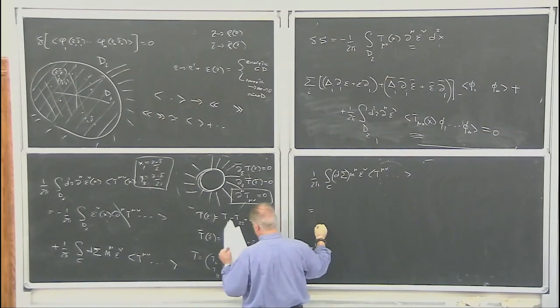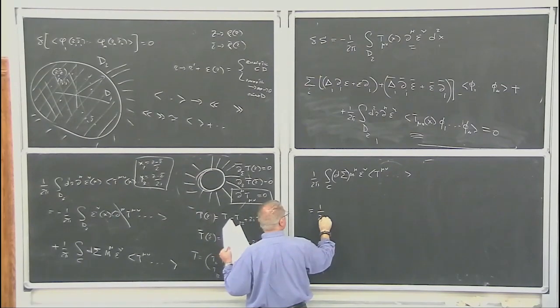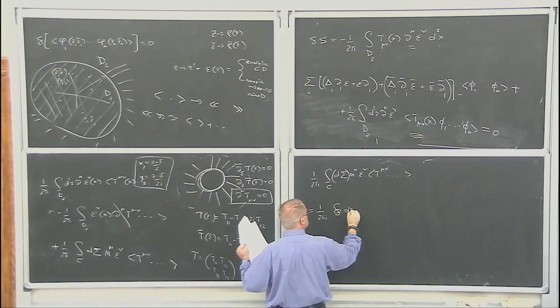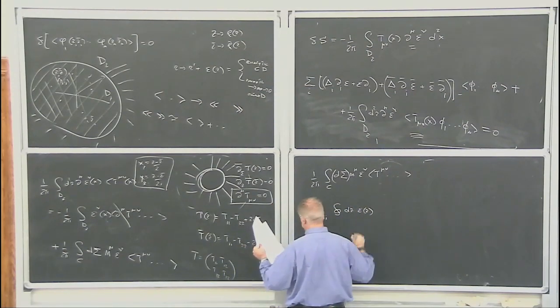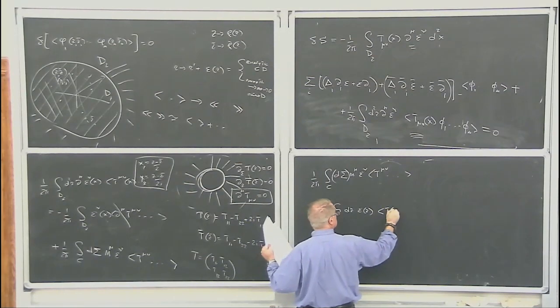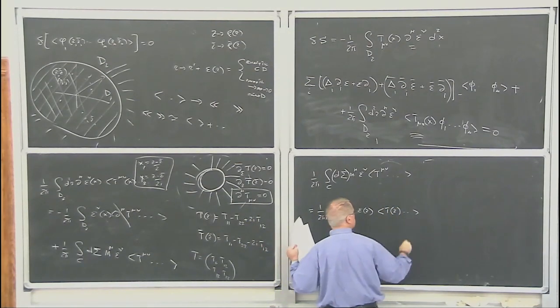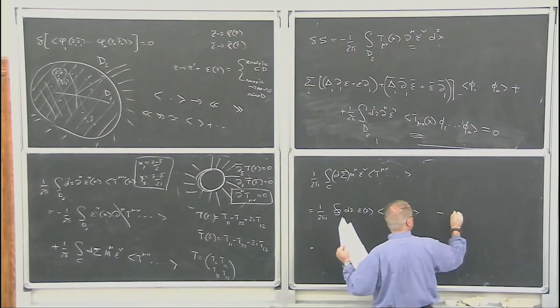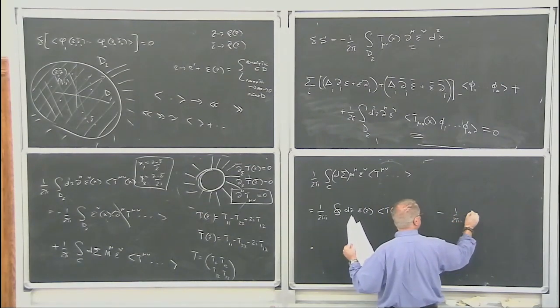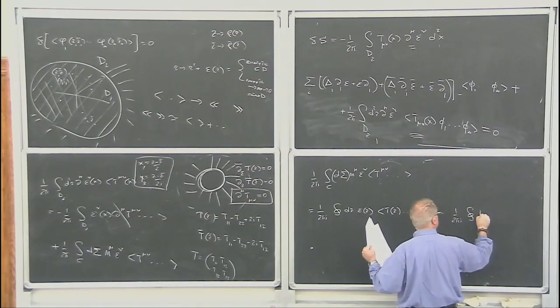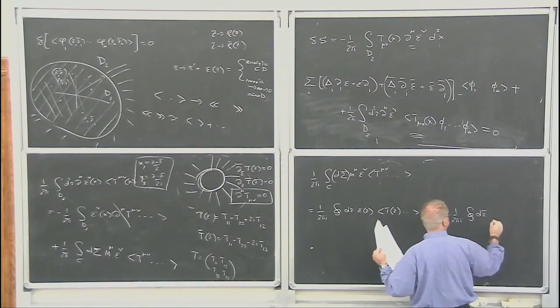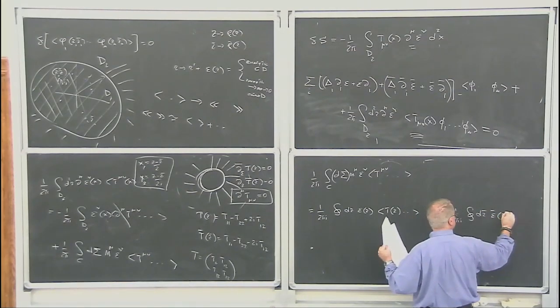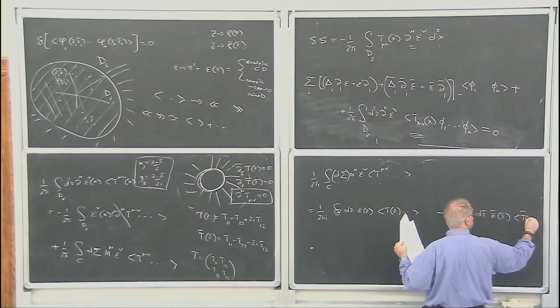This one I can write down as 1 over 2 pi i integral dz epsilon z Tz, minus 1 over 2 pi i integral d z bar epsilon z bar T z bar.